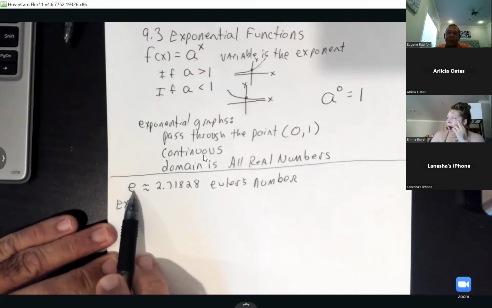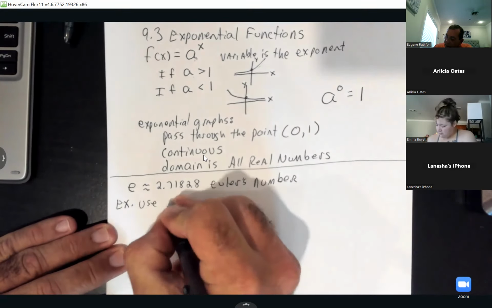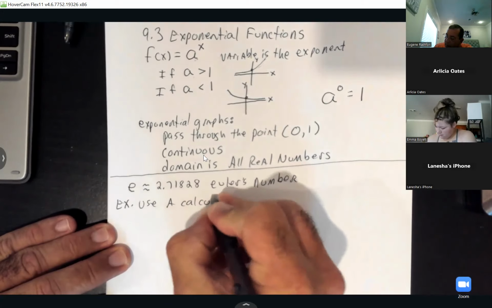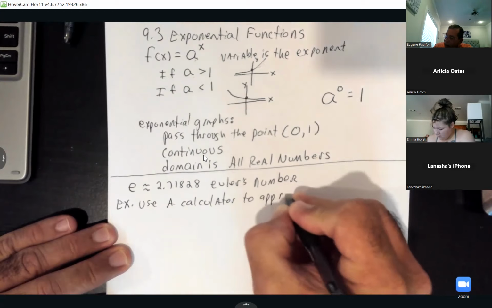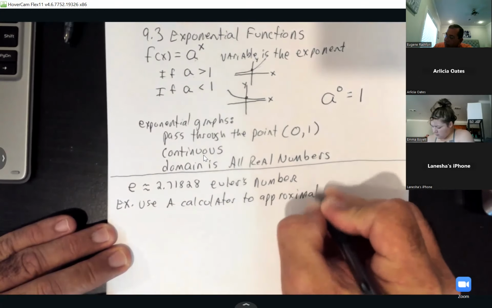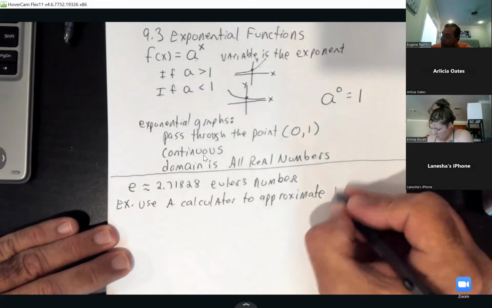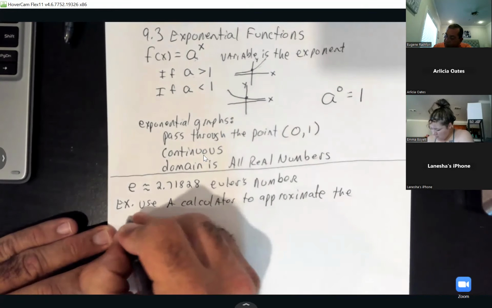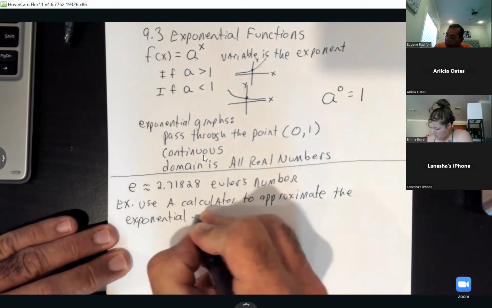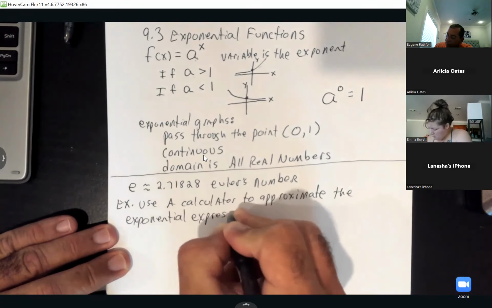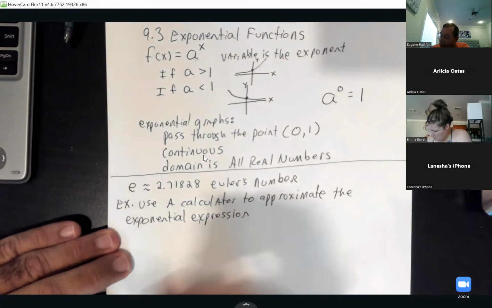See, on my first example with this E, they want us to use a calculator to approximate the exponential expression to 4 decimal places.